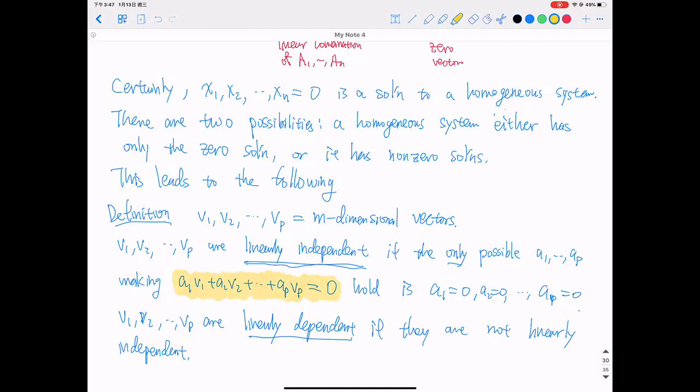If that happens only when the numbers A1 through Ap are zero, then the vectors are linearly independent. If there are other possibilities of A1 through Ap for this linear combination to equal the zero vector, then the vectors V1 through Vp are linearly dependent.